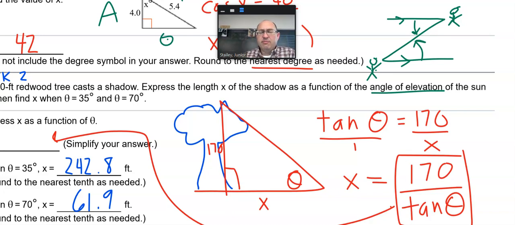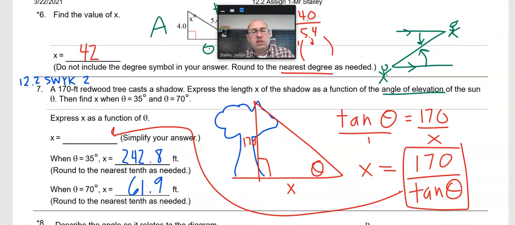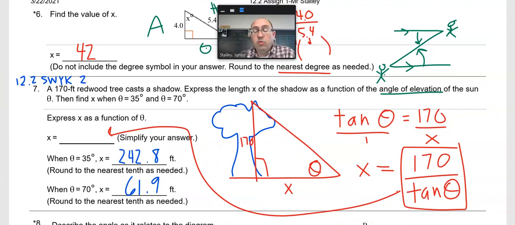If we're talking different objects, one person's up on the second story, and one person's up in another building on the 10th story, and we're looking at different objects on the ground, there's going to be different angles of depression. But side note, okay. In this particular case, we have an angle of elevation. We don't know what it is.